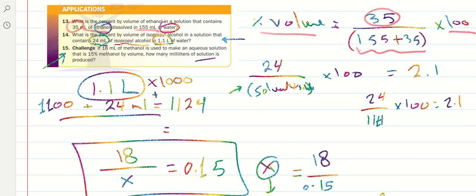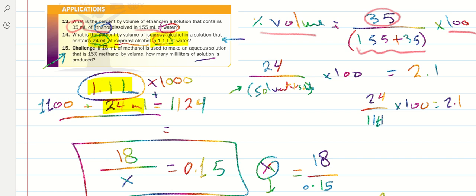That is easy. But number 14, they give you the volume of isopropyl alcohol 24 milliliters and the water 1.1 liter. I cannot add liter with milliliter. It will be wrong.